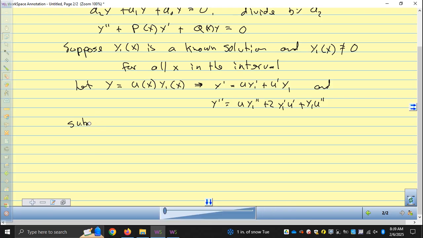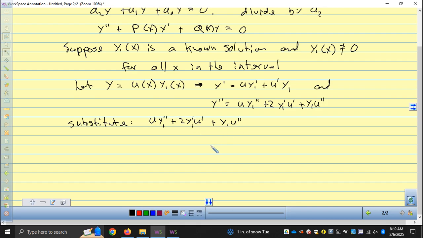We're just substituting these derivatives into our differential equation. Well, y double prime is this whole thing. So we get y1 double prime plus 2 y prime u prime plus y1 u double prime, plus p of x times y prime.